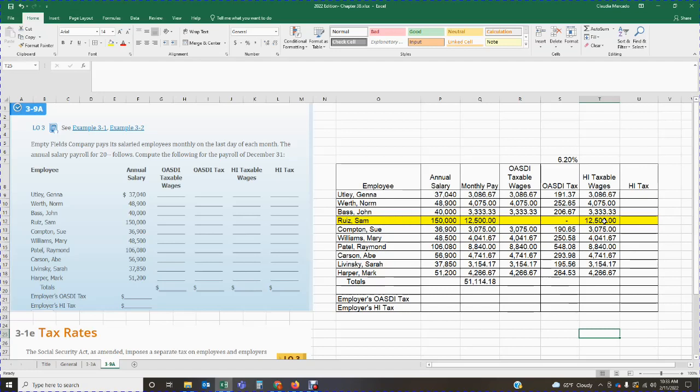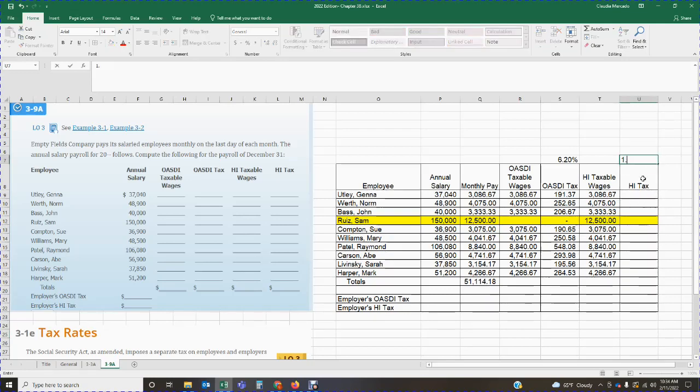Because there is no cap on the HI taxes. We are going to pay taxes on the full amount regardless of how much this employee makes. So Sam has to pay HI taxes on the whole $12,500. We'll figure this out in a minute, but for the HI taxes, the whole amount is taxable because there is no cap on HI.